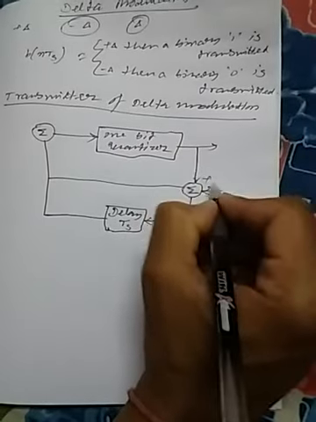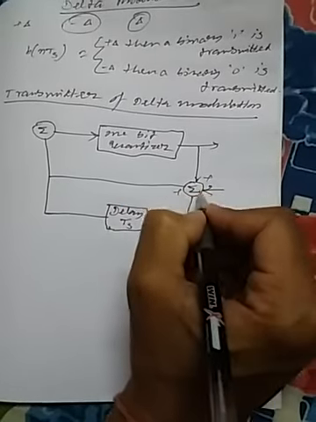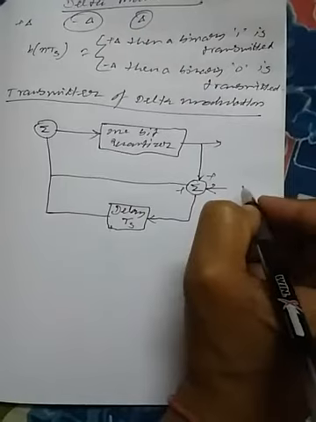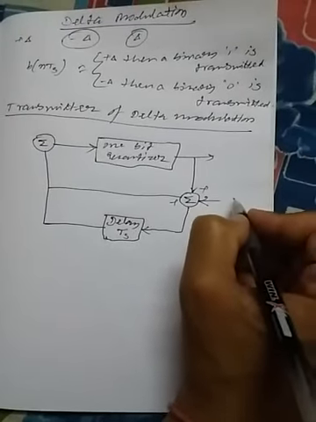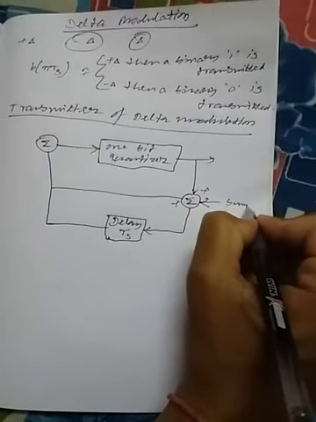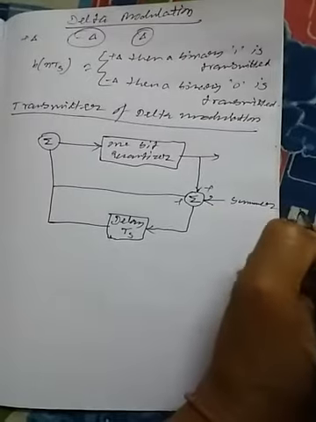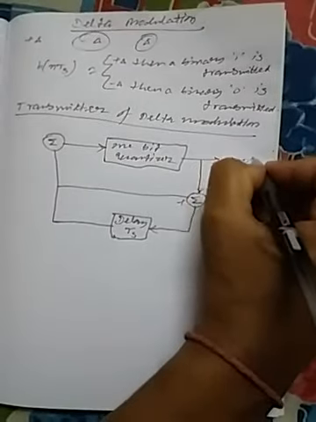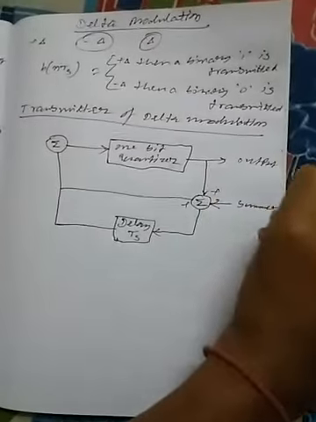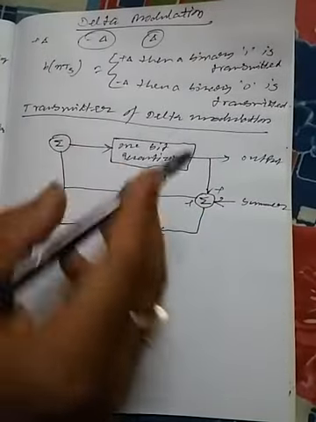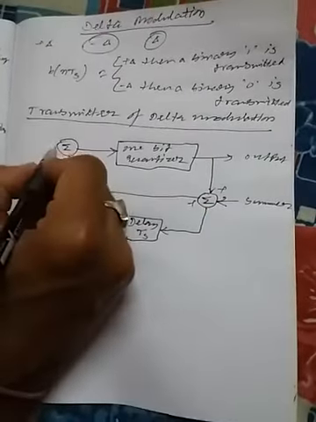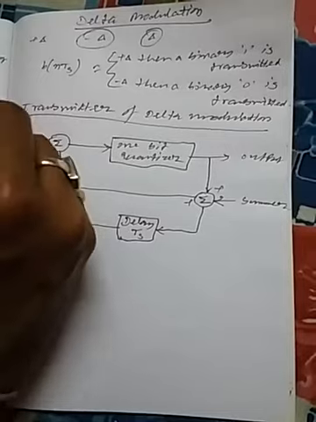So this is plus, and this is obviously a summer. Here is the output of delta modulation. Here is the sampled input.